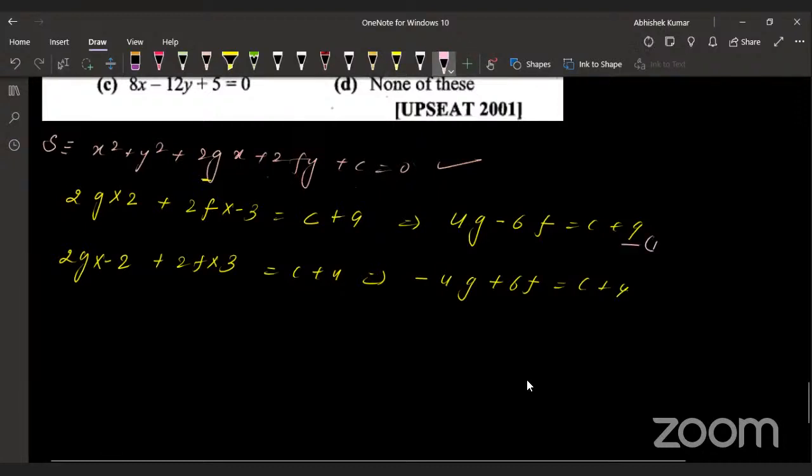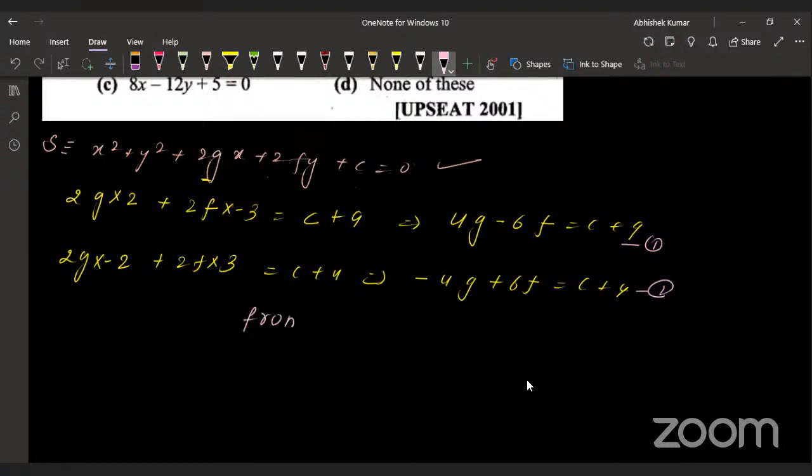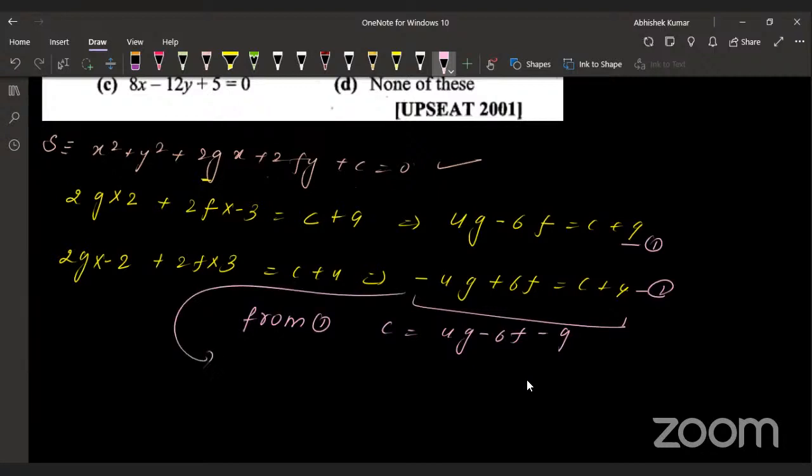If I put the value of c from 1, what's the value of c? C is equal to 4g minus 6f minus 9. You put it here and solve it, you should get your locus. So you will get -4g plus 6f minus c minus 4 is equal to 0.